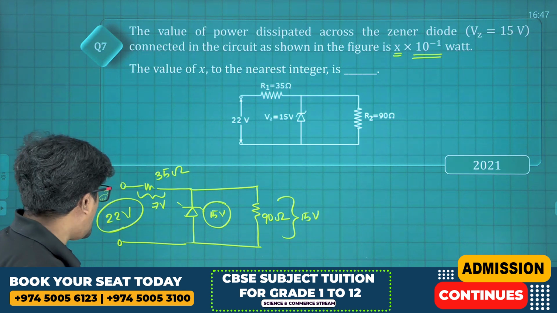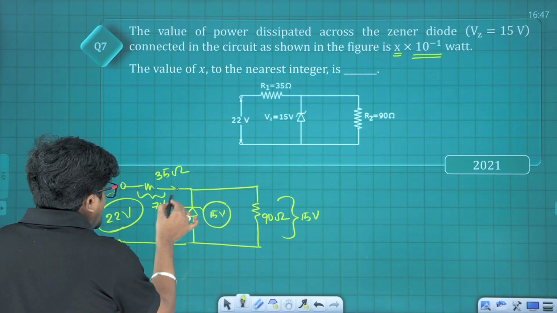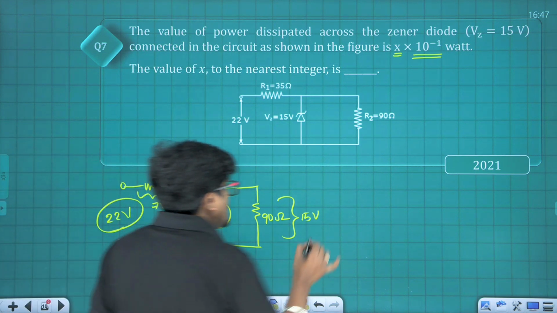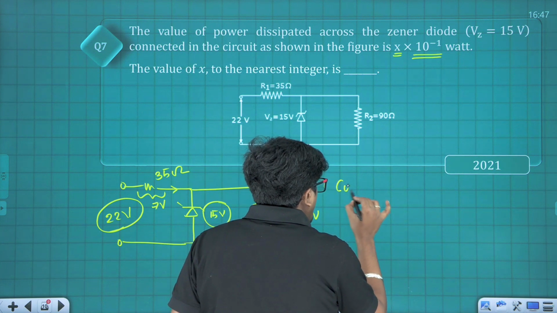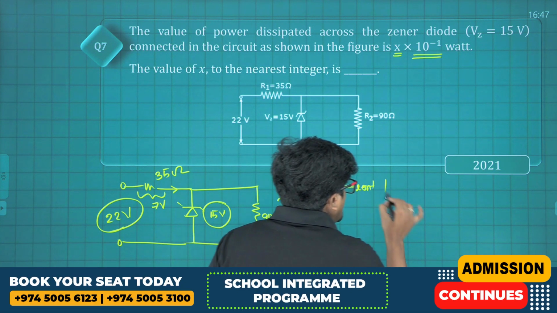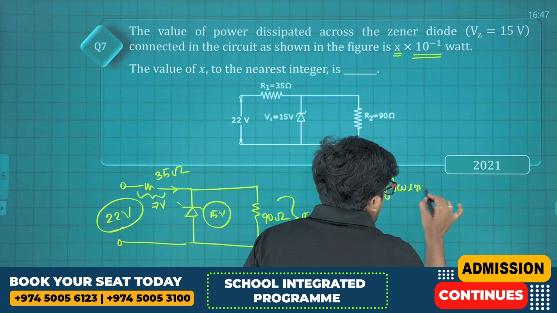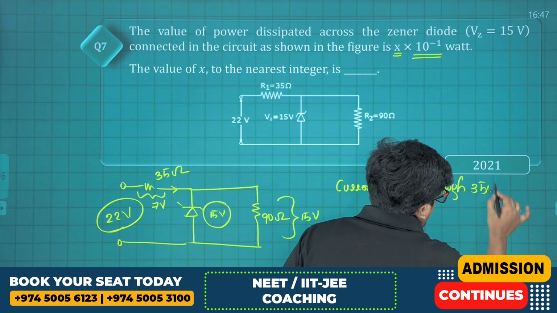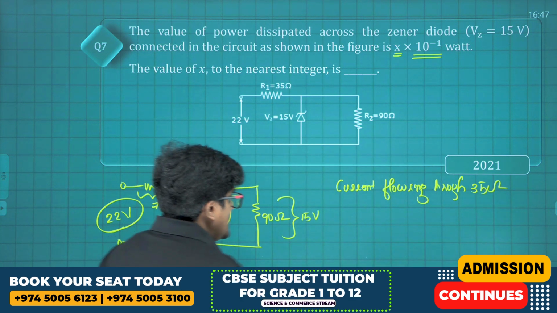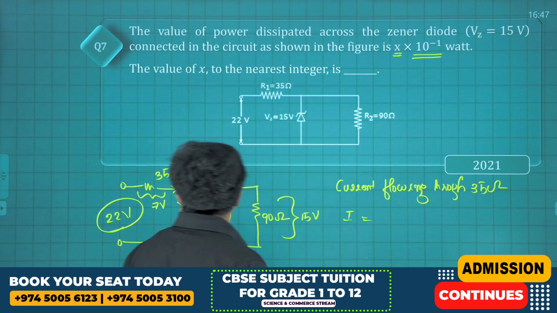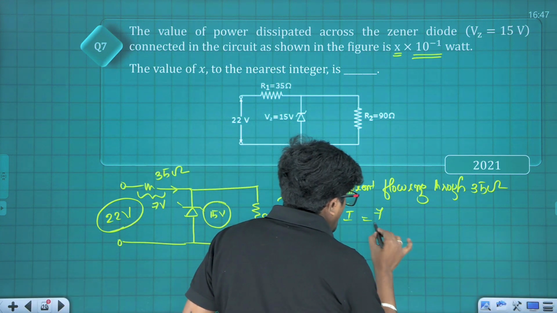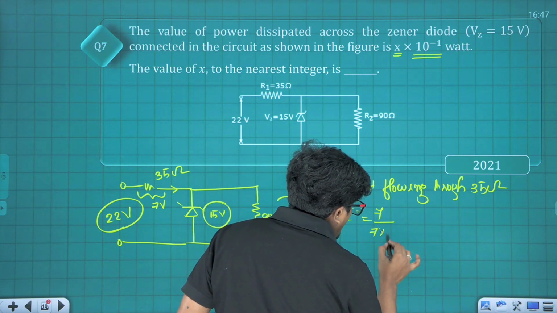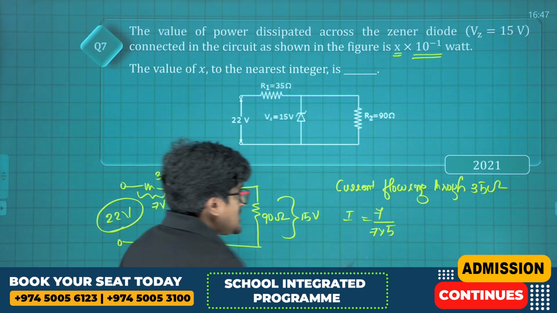Is that fine? Okay, now what is the current flowing through this then? Since I know the potential drop as 7 volt, the current flowing through the 35 ohm resistance is I equal to V upon R, that is 7 upon 35. 35 can be written as 7 into 5. 7 and 7 will cancel.